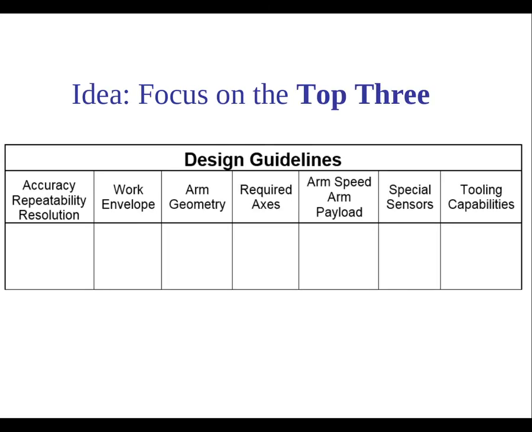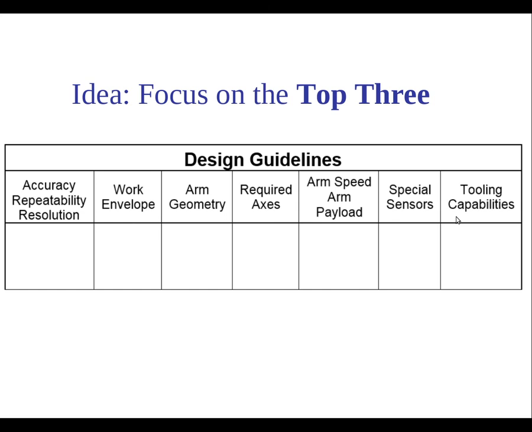So just as a rule of thumb, we have this design guideline. Over here on the left hand side, we have our accuracy, then the work envelope, the arm geometry, required axes, how many axes we actually need, our arm speed, our arm payload, and whether we need special sensors or special tooling. So we group these up into 6 guidelines.